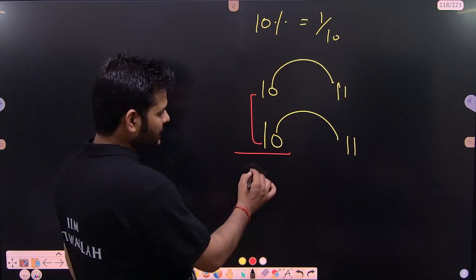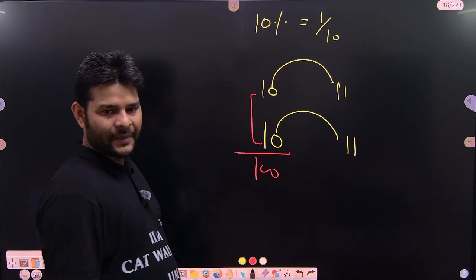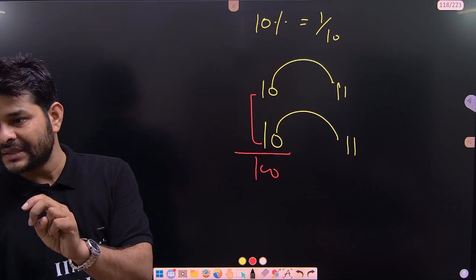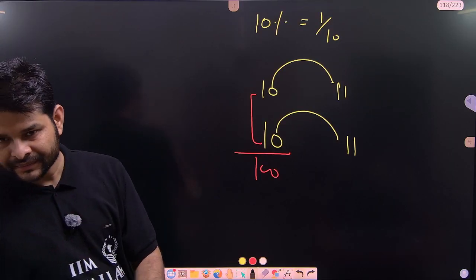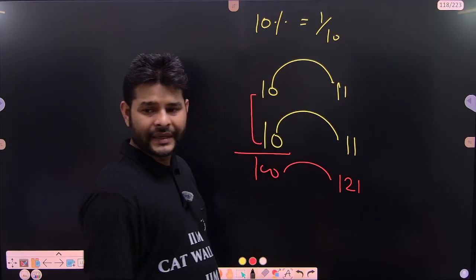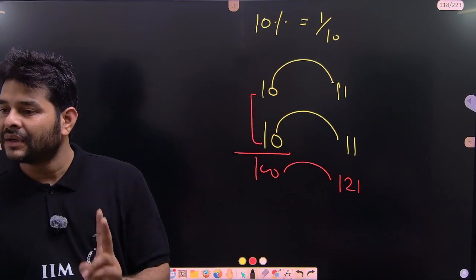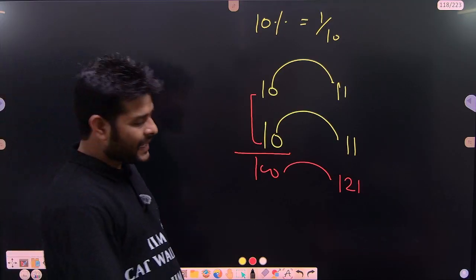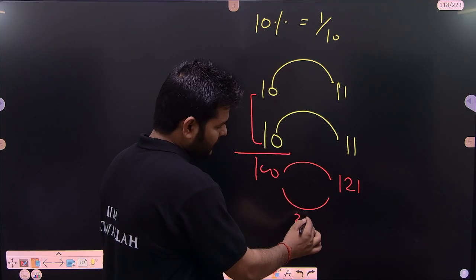So that means any principal 100 will become 121 just after 2 years. So rupees 100 will become 121 just after 2 years. So for 2 years, CI would be 21.